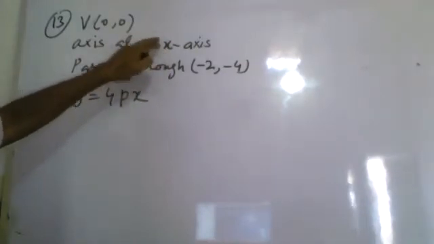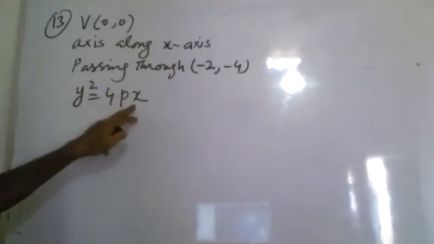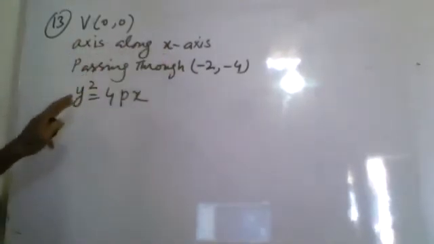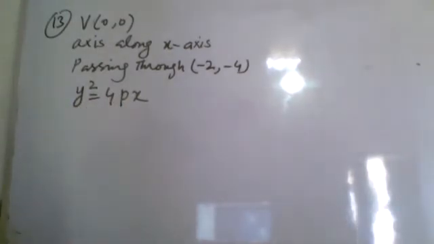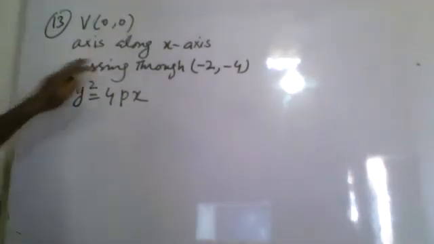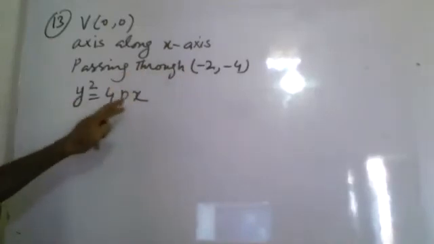If the axis is along the y-axis, it will be x square is equal to 4py. So the parabola is passing through this point, so we put these points in to find the value of p.